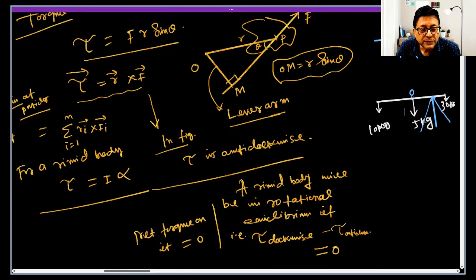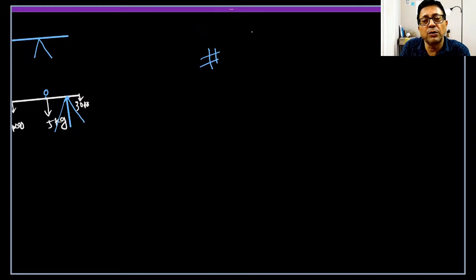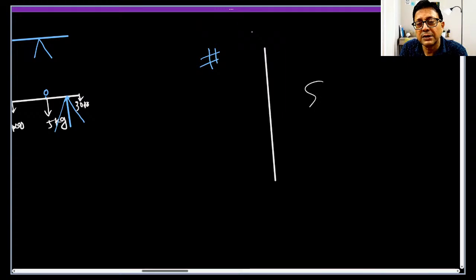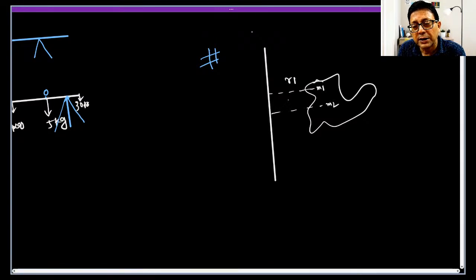Okay? So before we apply the textbook sum, I remind you of the concept of moment of inertia also. In theory class I have done it in detail. This rigid body is say rotating, constituted of masses m1, m2, up to mn, rotating with angular velocity omega.